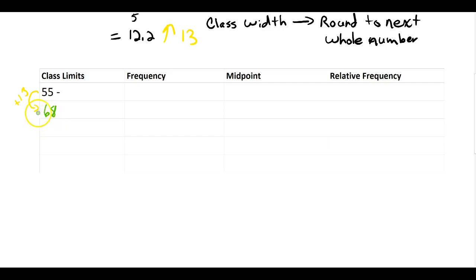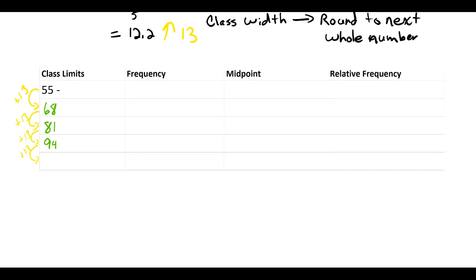And then I'm going to add my 13 again, and so 68 plus 13 is going to give me 81. I will continue adding 13, and 81 plus 13 gives me 94. Then add 13 again. So 94 plus 13 gives me 107. So I now have all of my lower limits.